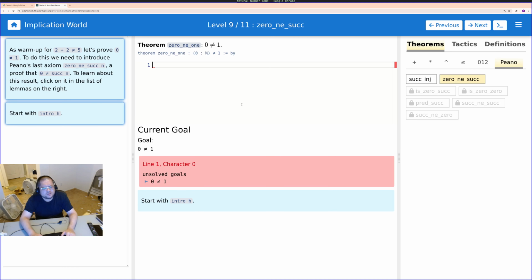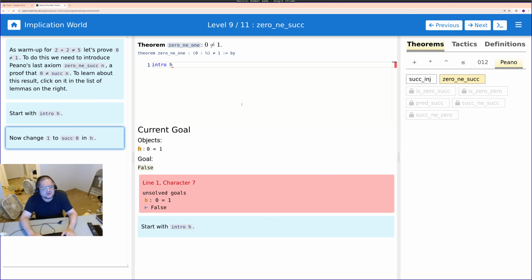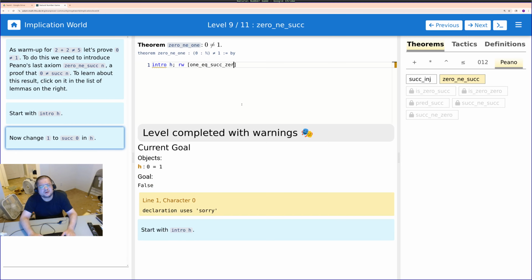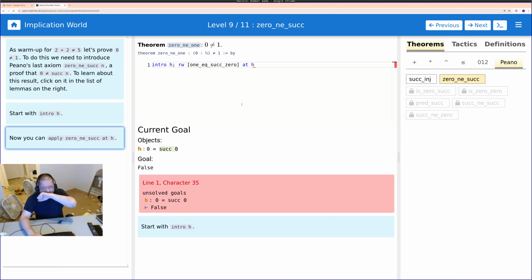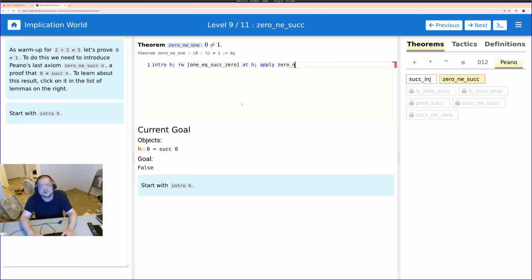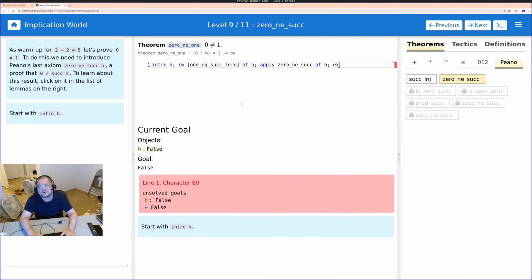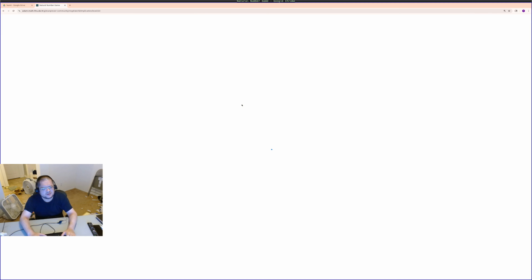Next, we're going to prove that 0 is not equal to 1. Intro H, rewrite 1 equals successor 0 at H. Apply 0 not equal to successor at H, exact H. Okay.